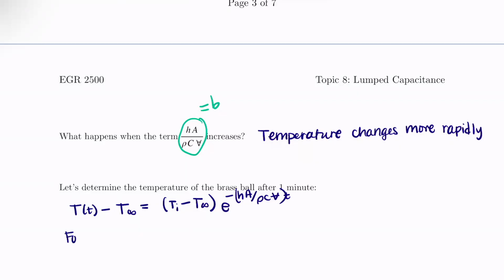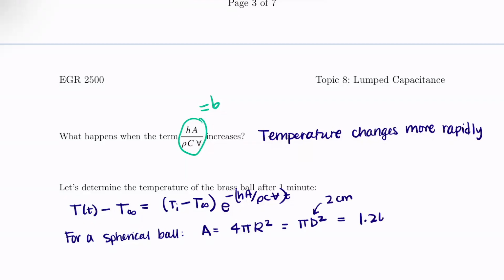For a spherical ball, our surface area is defined as 4 pi r squared, or in other words, this is pi d squared. And when I plug 2 centimeters in for d, this is 1.26 times 10 to the minus 3 square meters.